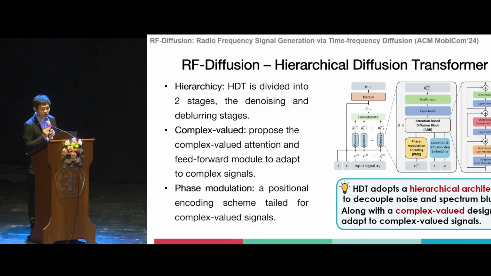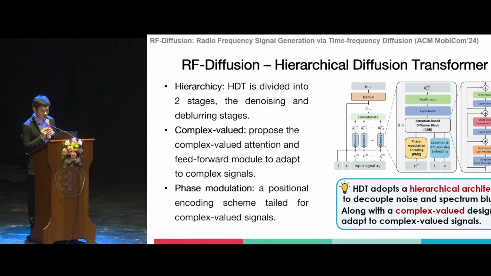On the network side, we propose the hierarchical diffusion transformer. It has two key aspects. First, the architecture uses a two-stage structure. It separates denoising and deblurring into two sub-stages, which makes learning simpler.